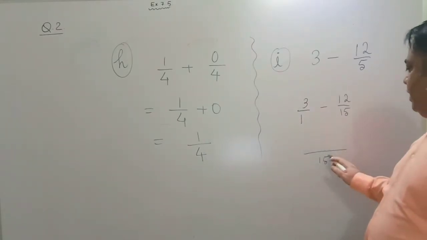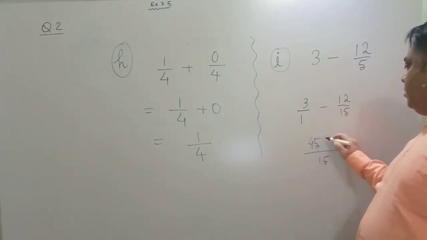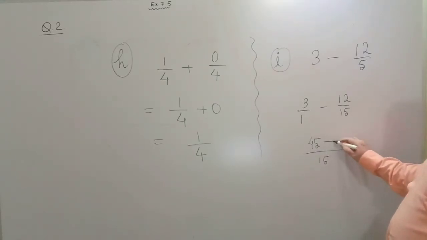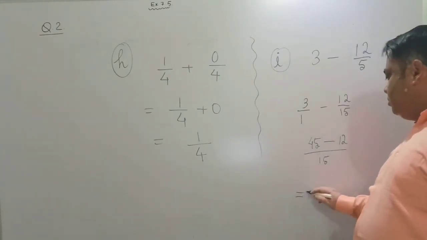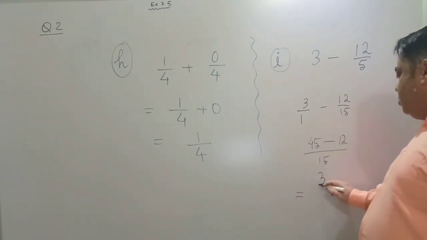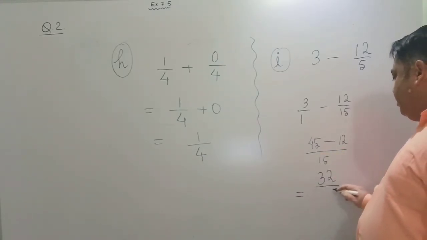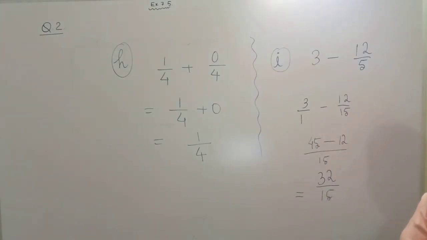So 1 15s are 15 and 15 3s are 45. 15 1s are 15 and 1 12s are 12. So this will be equal to 3 and this will be equal to 2. So 32 by 15.